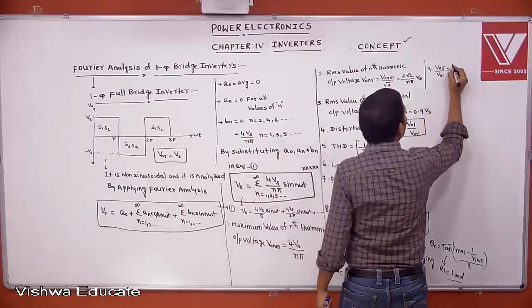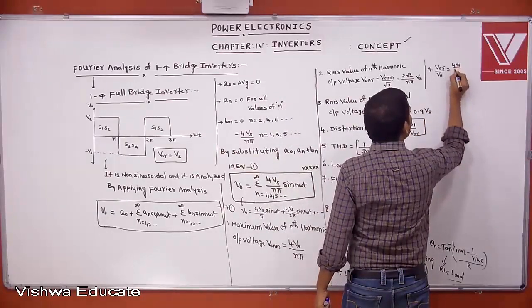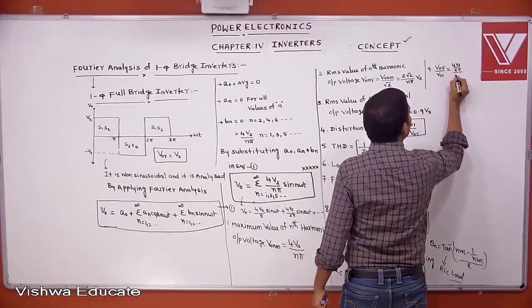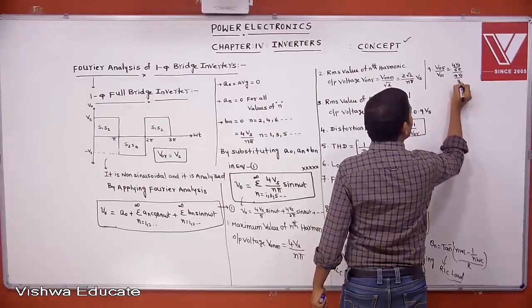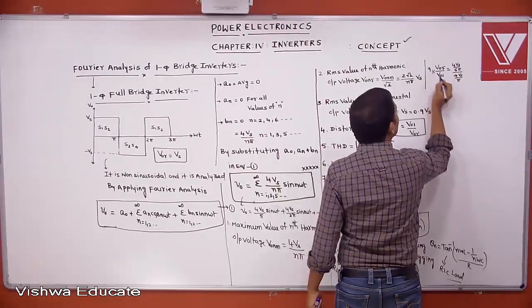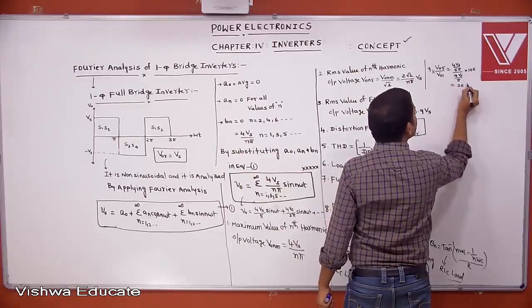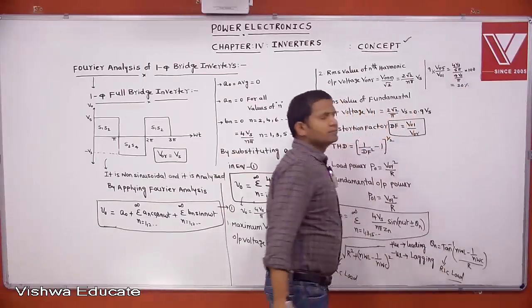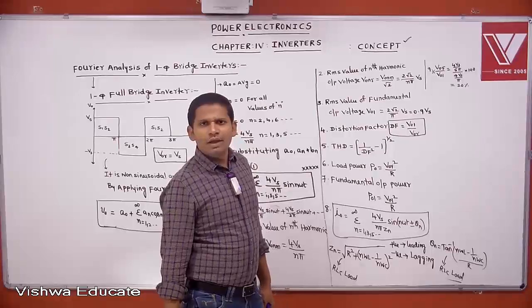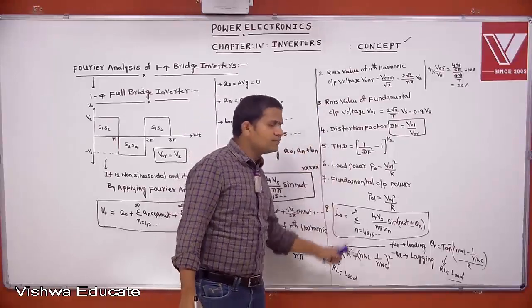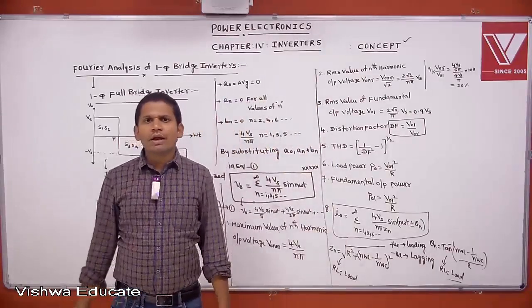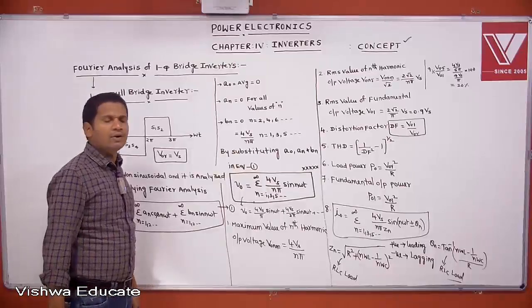What is the fifth order harmonic? 4Vs by 5 pi divided by 4Vs by pi. If you want the percentage, multiply by 100. How much percentage do you get? That is 20%. Like this, any formula we can write. This is about Fourier analysis of the single phase full bridge inverter.